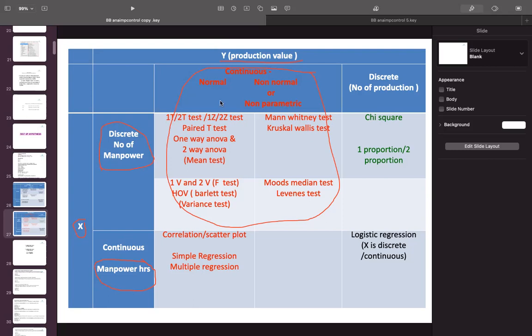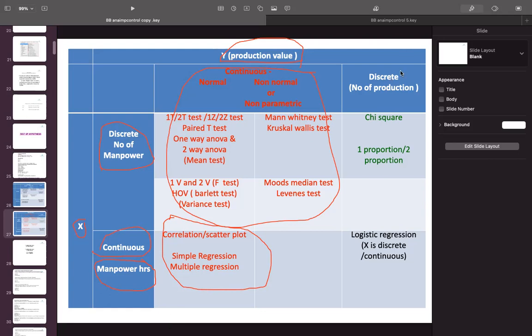But if Y is continuous and X is also continuous, like manpower hours, then you do these tests. We have already discussed all of them: correlation, scatter plot, simple regression, and multiple regression. Next, we go for discrete.